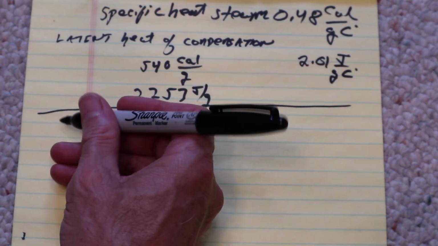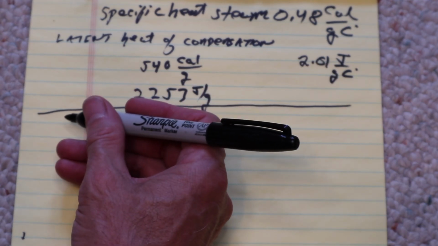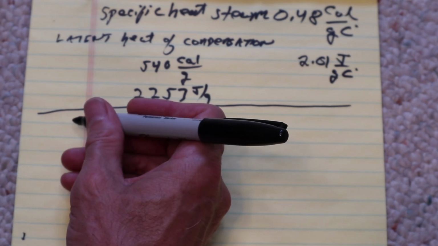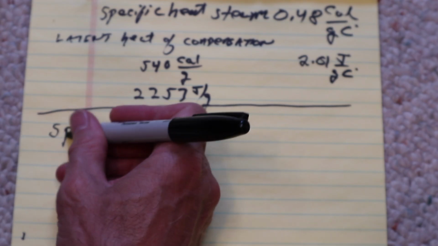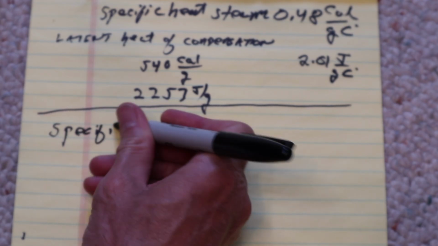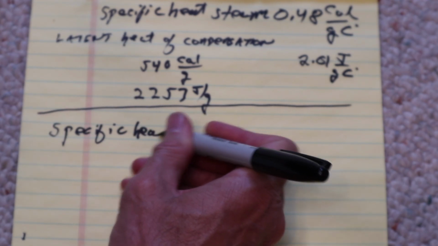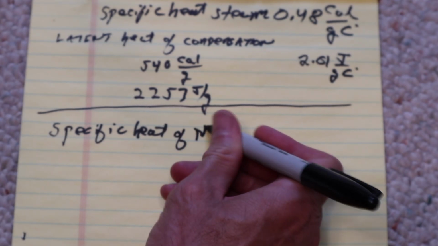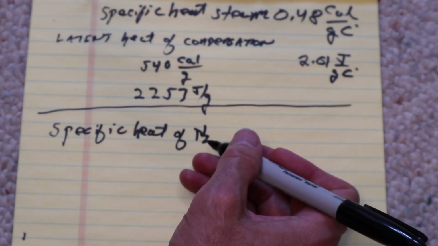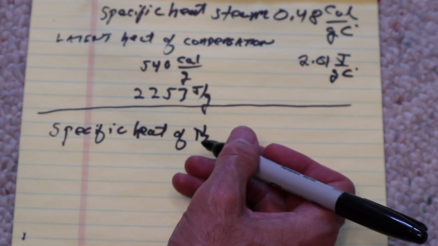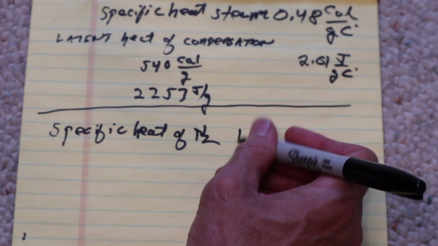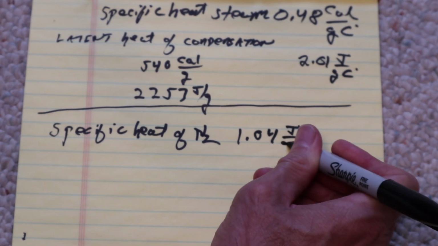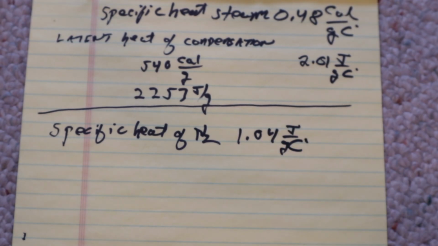Now that's water, but we're interested in nitrogen. Nitrogen, and we're just going to talk in joules right now. The specific heat of nitrogen going from gas just to where it's going to form a liquid is 1.04 joules per gram degree centigrade.